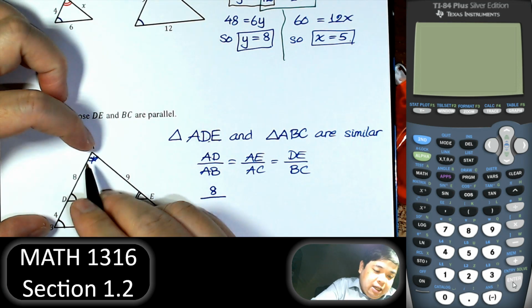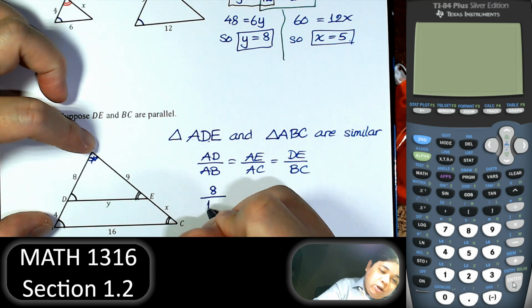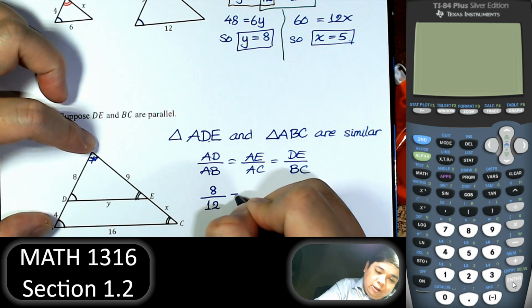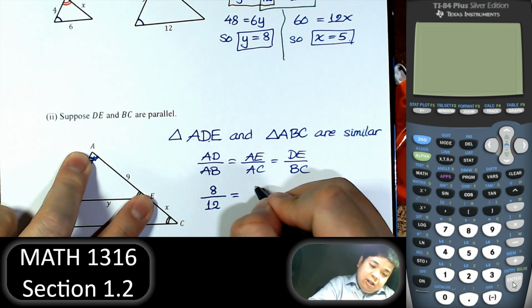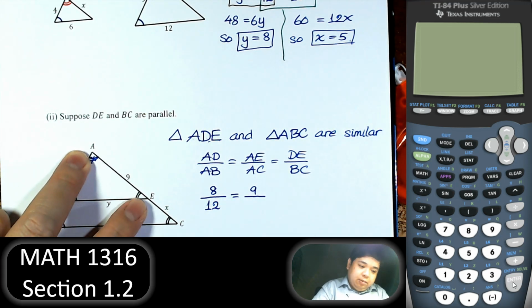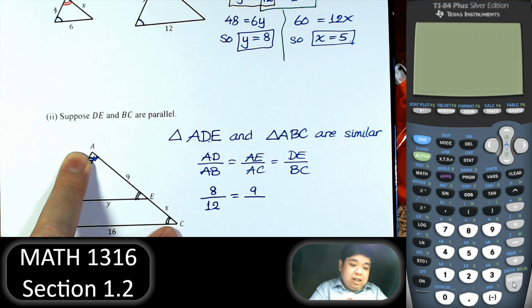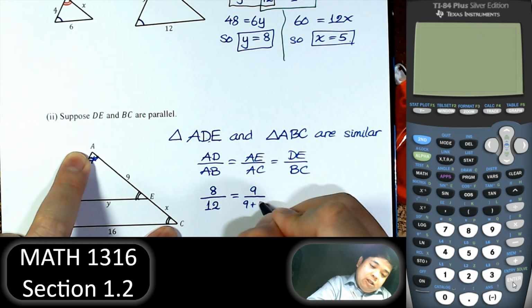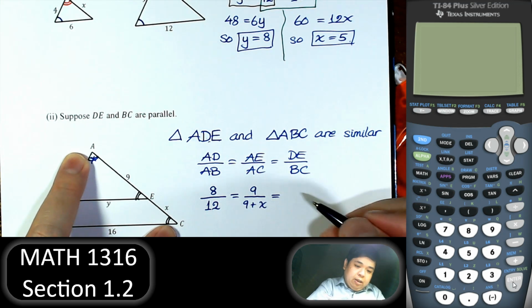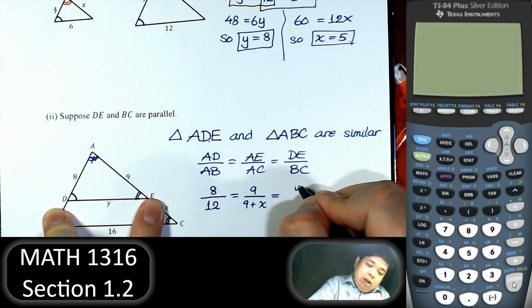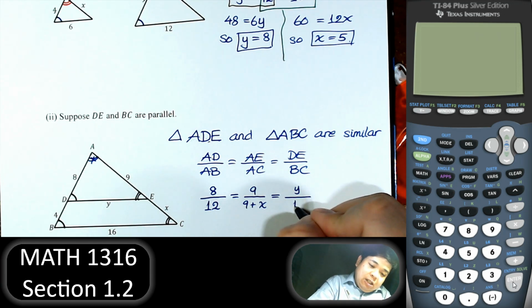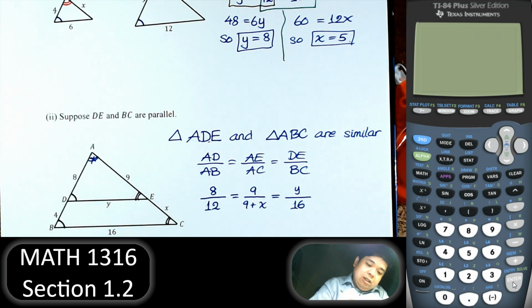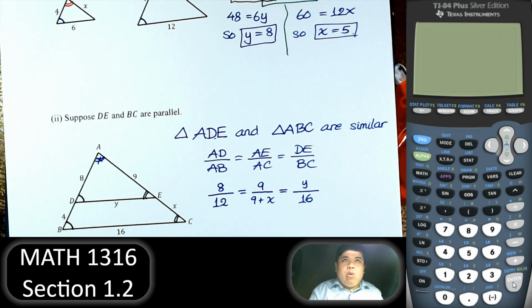AB, 8 plus 4, is 12. AE is 9. AC is 9 plus x. DE is y, over BC, 16.